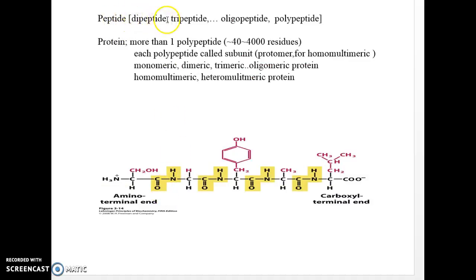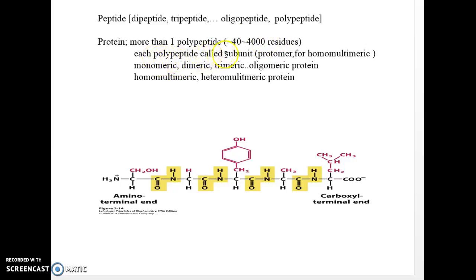According to the size, we could call dipeptide, tripeptide, oligopeptide, polypeptide, something like that. Proteins can be made of more than one polypeptide, each of which might be varied for their lengths, something like that, even bigger.